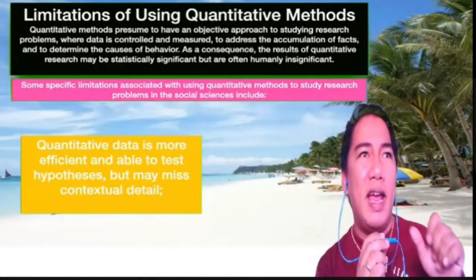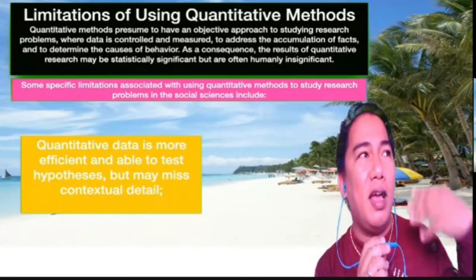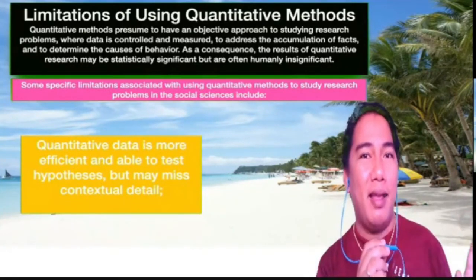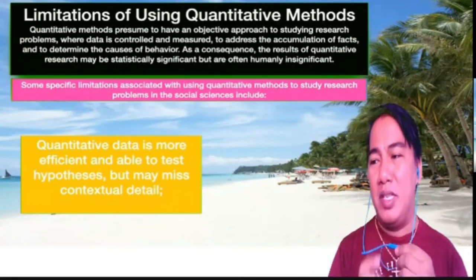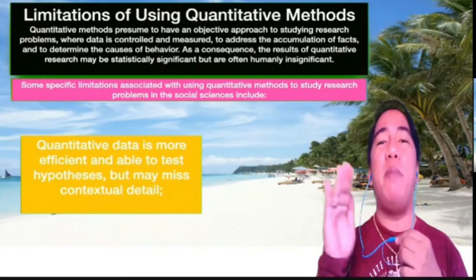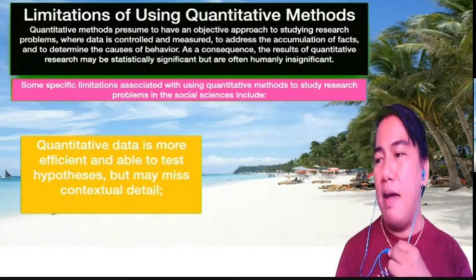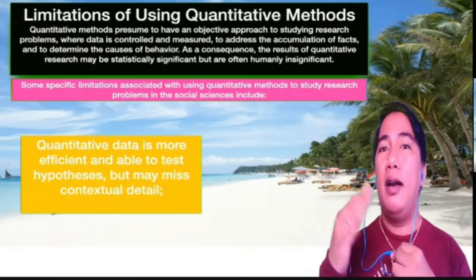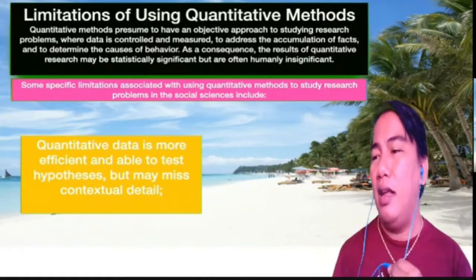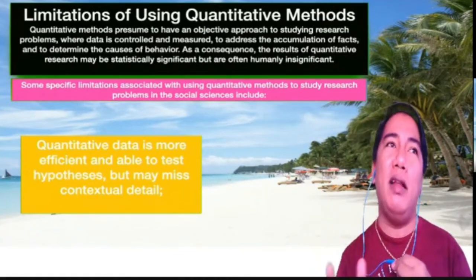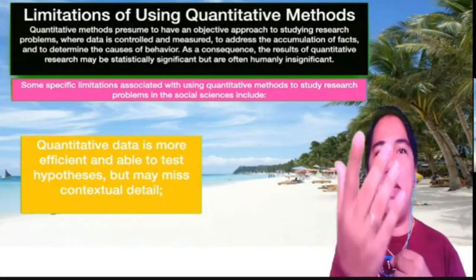Meron siyang past experience pala, or about that particular product. So the context or the deeper meaning of the data are being missed. Baka meron pang deeper understanding na mapoprovide yung isang data na yon. Okay. Unlike sa qualitative data, when you interview people, lahat ng mga sasabihin nila are authentic.